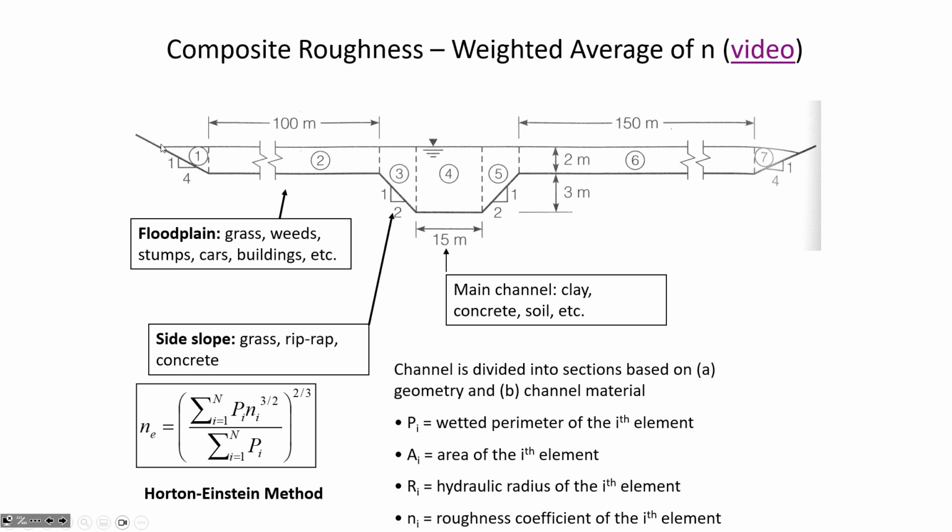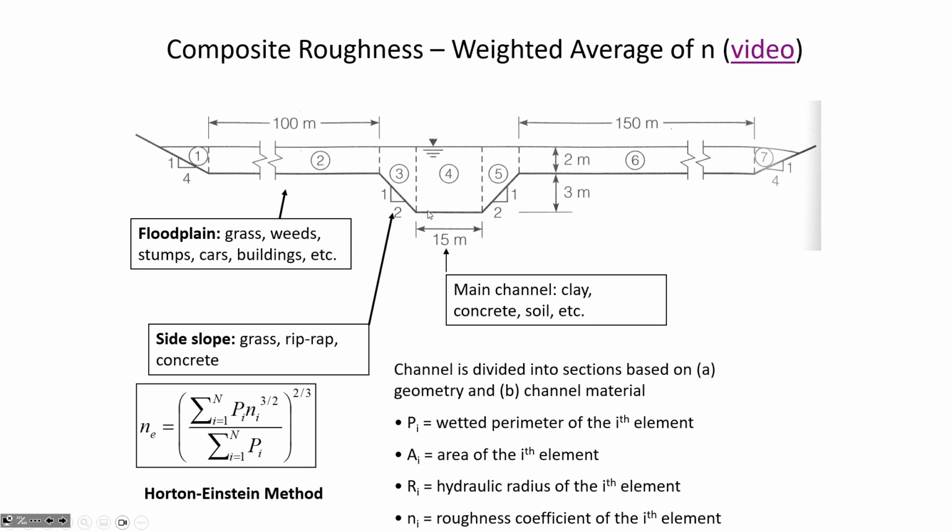So if you know, for example, that this side segment up above the floodplain is brush, you could find the n value of component 1 and its length. And then if you knew that this floodplain is maybe a crop like fallow corn, you get an n value associated with that and determine the length of that segment.